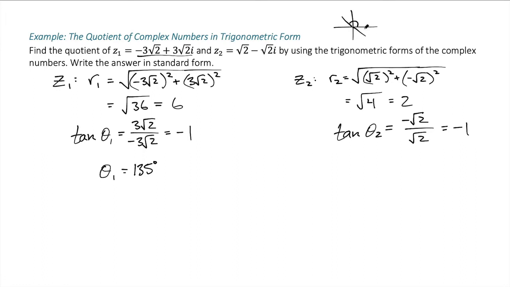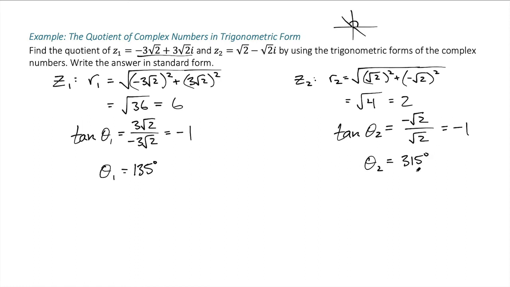And that angle, where tangent of the angle is negative 1, that's negative 45 degrees, or you could think of it as 315 degrees. I'm going to go ahead and do the 315 degrees. I like positive angles.